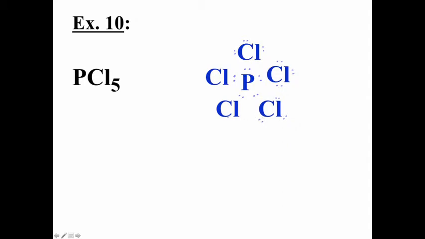We're trying to get octets around each of the chlorines. 30, 32, 34, 36, 38, 40. And we have our valence electrons all used up. And what we note is that this gives us 10 electrons around the phosphorus.